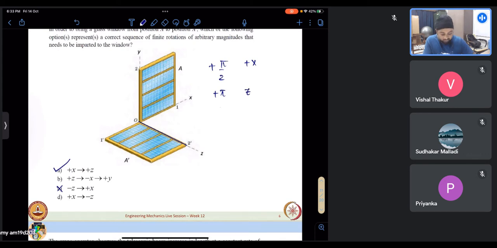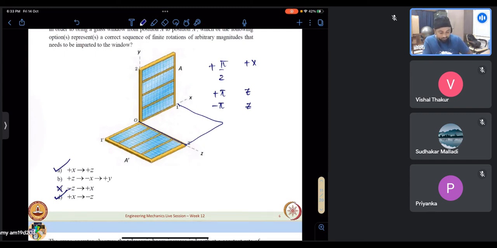If that were the case, we can easily rotate about minus z also. Even with a rotation of minus pi about z, we still reach the same configuration. So option D helps us reach that configuration from A to A prime.